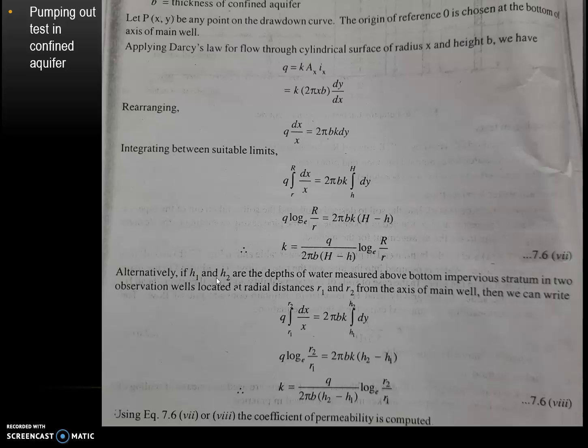Alternatively, if h1 and h2 are the depths of water measured above bottom impervious stratum in two observation wells which are located at radial distances r1 and r2 from the axis of main well, then we will have Q into integration of dx by x, which is equal to 2 pi bk into integration of dy.